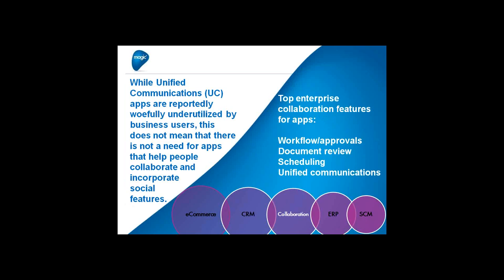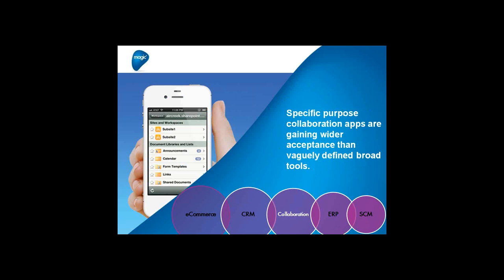Collaboration is another big area of enterprise applications, and while unified communications is certainly not the end-all, be-all that we originally thought, or that the analysts originally thought it would be, there are a lot of collaboration features which are very important in apps, things like workflow and approval, document reviews, scheduling, and the ability to communicate cross-channel with your device.